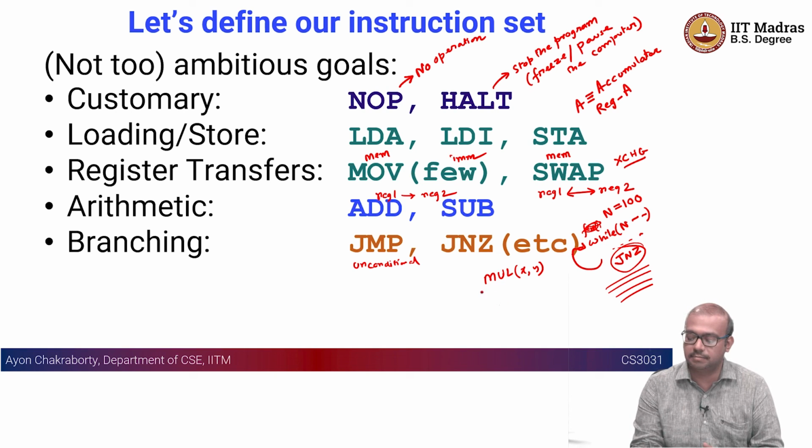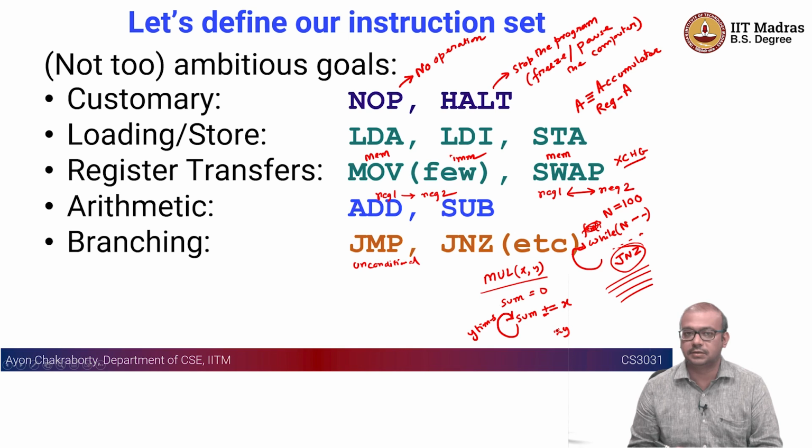So you can initialize sum to 0, and you want to do sum += x, and this has to be repeated y times, then the result will be x into y.